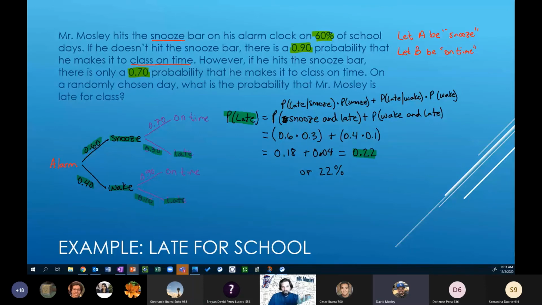We also already found the probability of hitting snooze and being late. That's this one right here, which is this, and ultimately this. So we have both the numbers we need already.